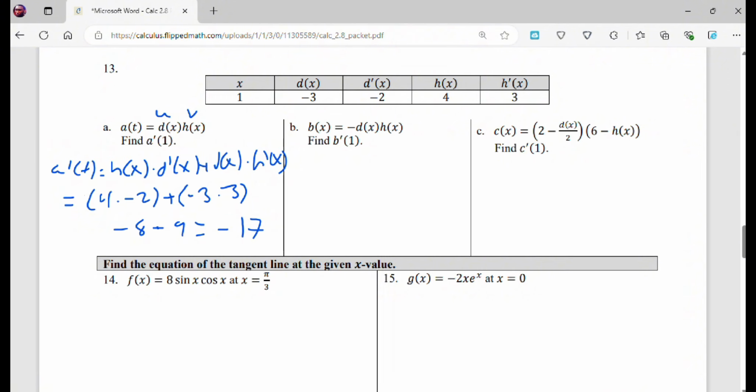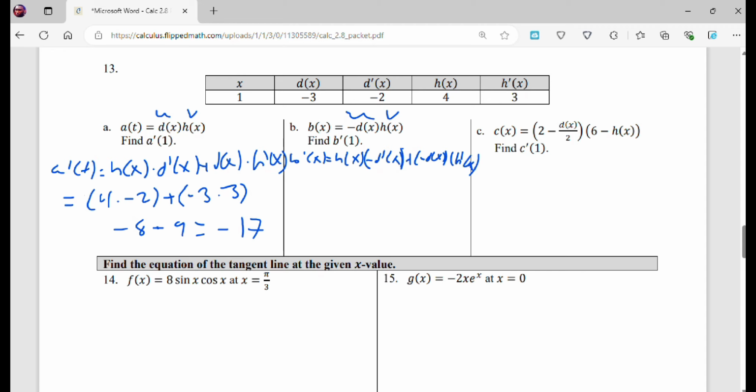Okay. Next we have b of x equals negative d of x times h of x. So this is going to be v, this is going to be u. B prime of x equals v u prime plus u v prime.